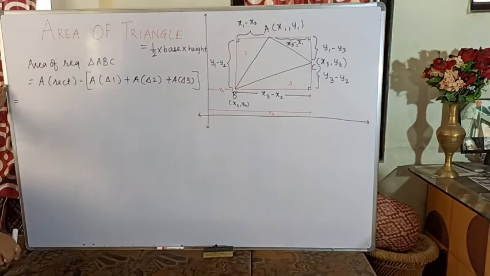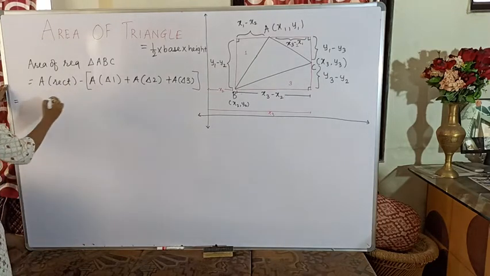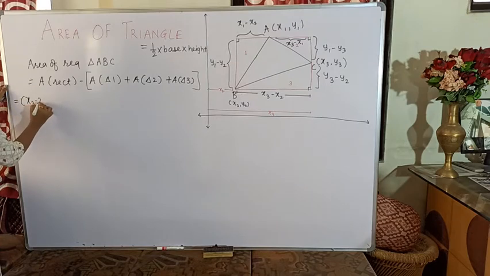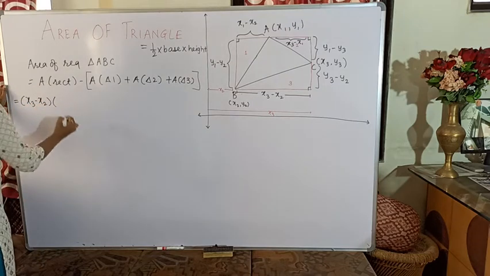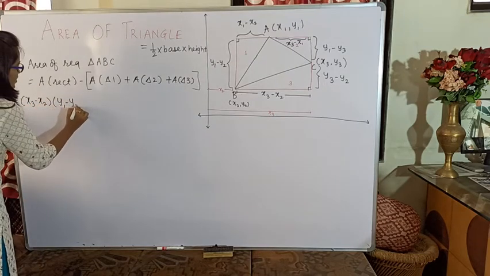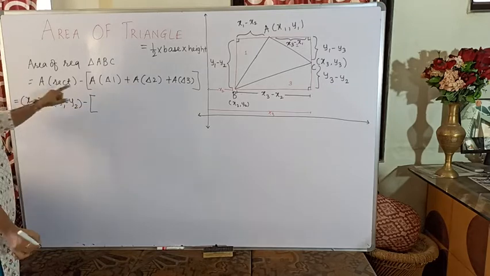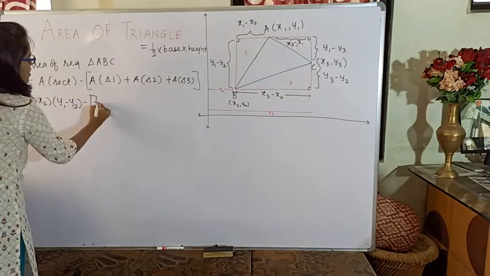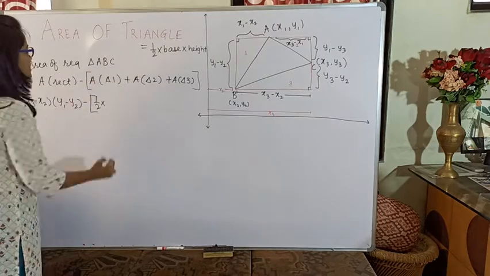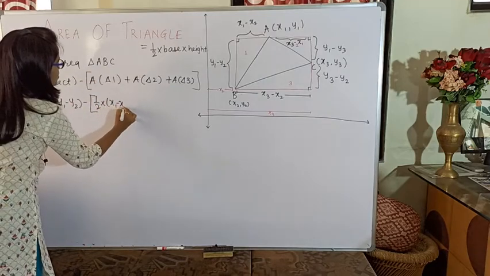Okay, area of rectangle, length into breadth. Length is my x3 minus x2, whereas breadth is my y1 minus y2, minus area of triangle 1, half into, what is the base? x1 minus x2.